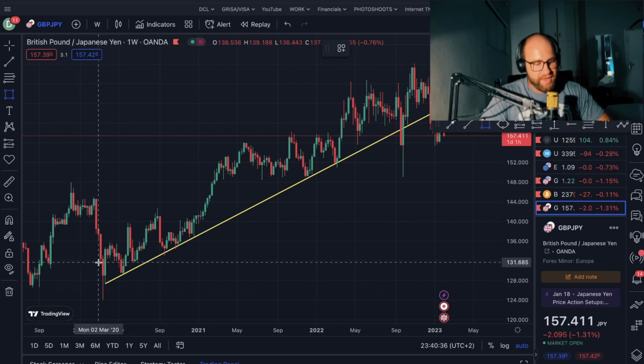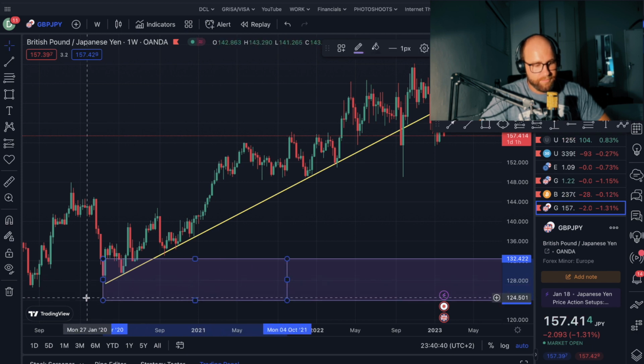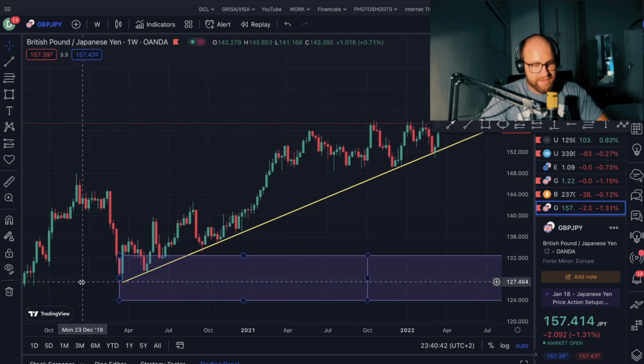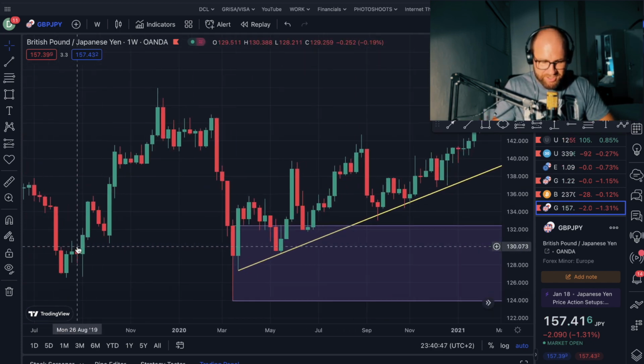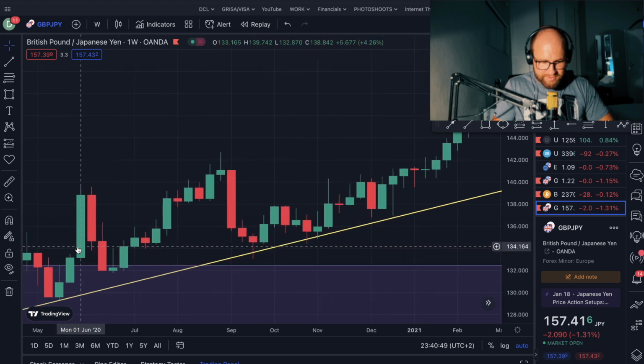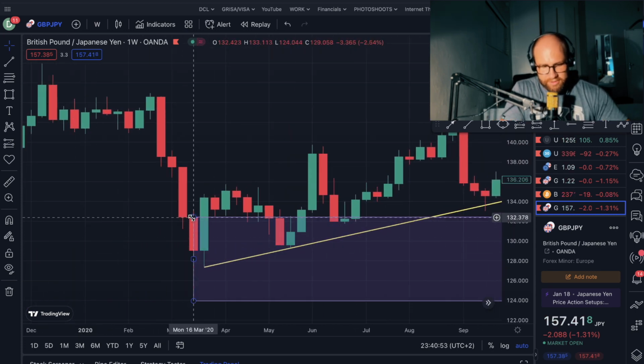So here we have a weekly demand zone. Just going to mark that all the way down to there. Yet again, guys, let's have a look at how this looks. What's important in this lesson is not how the structure goes, it is how to draw these. Okay, we have the last bear candle followed by an impulsive green candle.